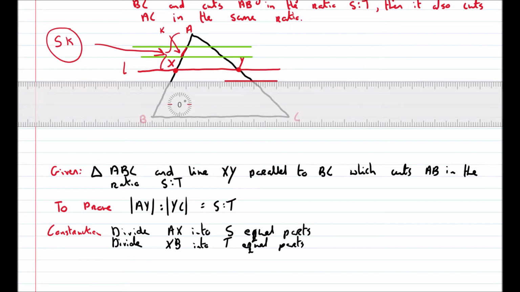I'm going to do the same now to XB. Divide it up and divide it into T equal parts.